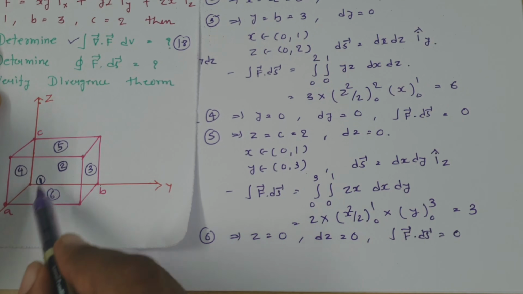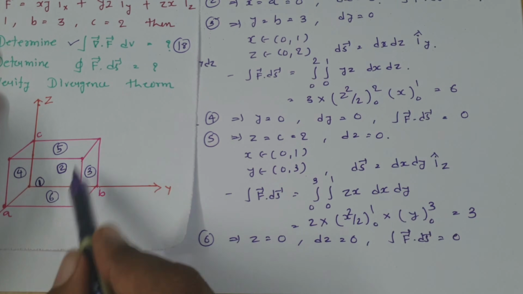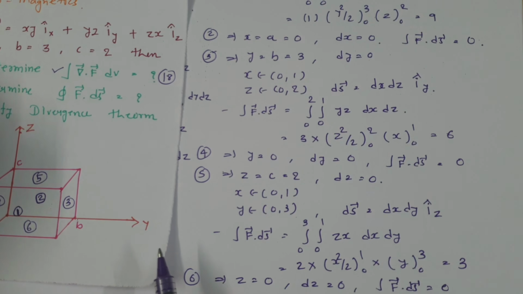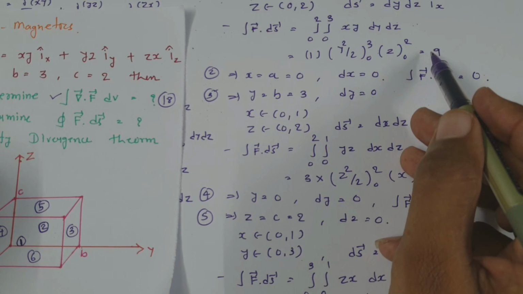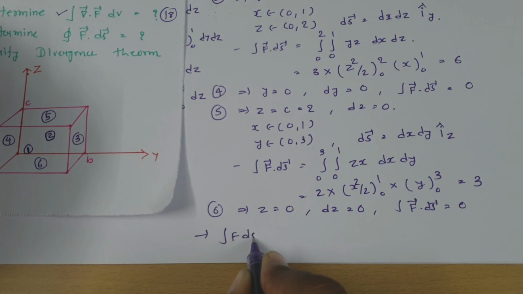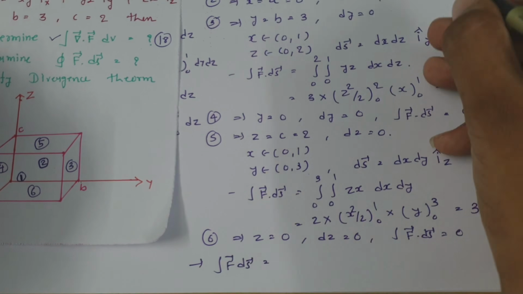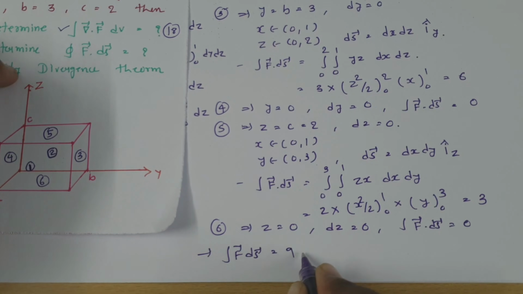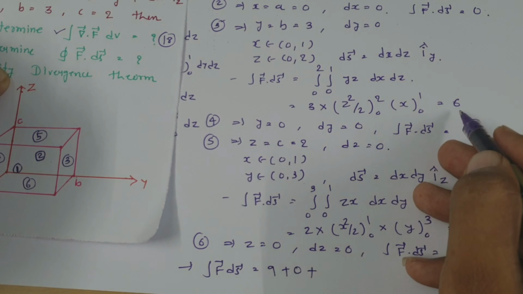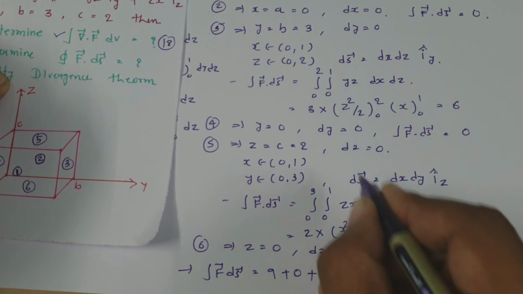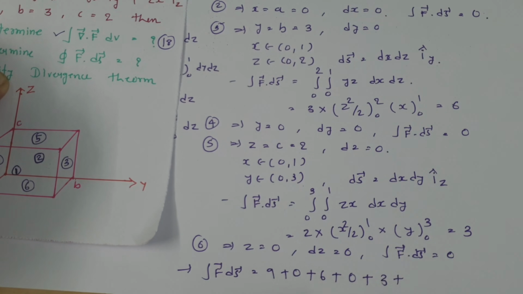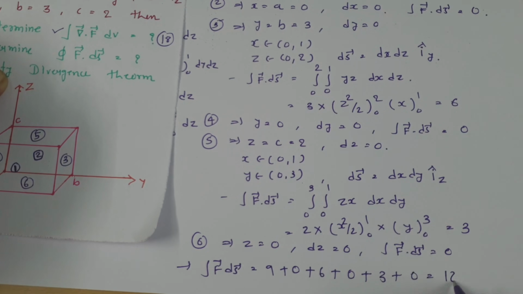So now we have calculated the surface integration of all 6 surfaces, right? So if you add all these 6 surface integrations, then for the first surface it is 9, for the second surface it is 0, for the third surface it is 6, for the fourth surface it is 0, for the fifth surface it is 3, and for the sixth surface it is 0, so that is 18.